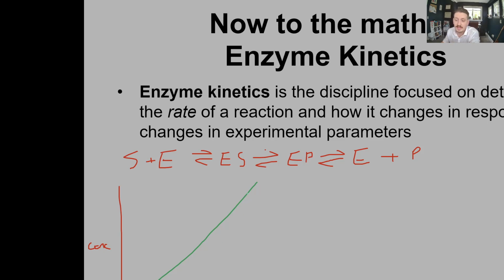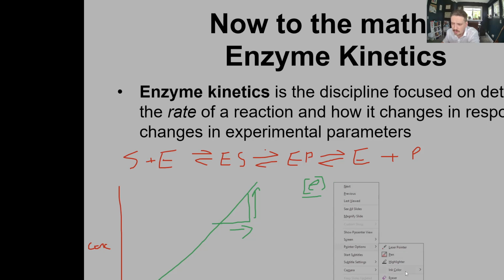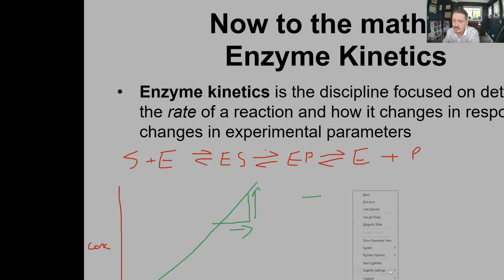As time increases, so does the concentration of the product because you're making some product. And actually, if we take this, this is a change in concentration over time, so we have the concentration of P. That's a really bad P. That looks awful. Let's try that again. Concentration of P over time equals, well, what's a change over time?